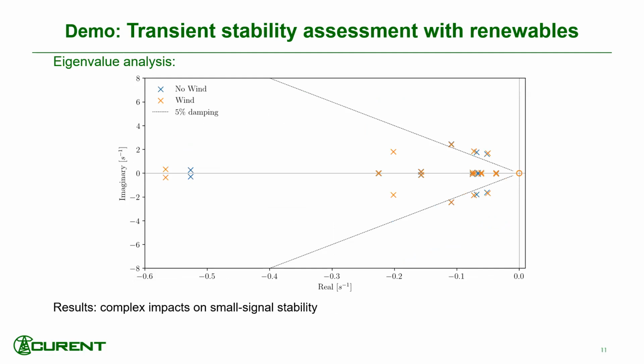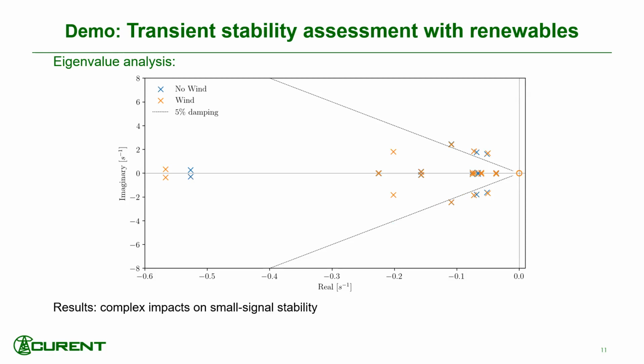Another perspective is that we can do the eigenvalue analysis for small signal stability analysis. This figure shows that the impact on small signal stability is complex. Some points are moving away from the right half plane, but some points are getting closer. This means there is a complex impact on small signal stability.